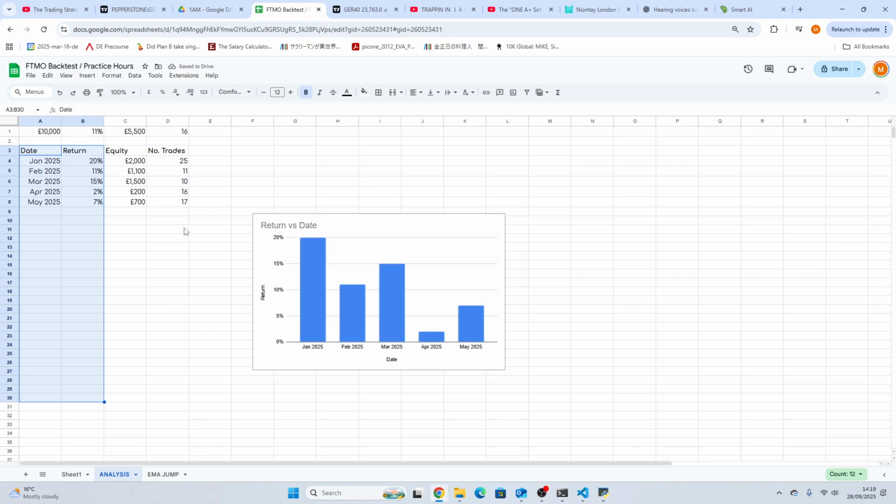So 7%, a little bit better, around 17 trades. So averaging around 16 trades. Yeah, 11% a month, which is amazing.